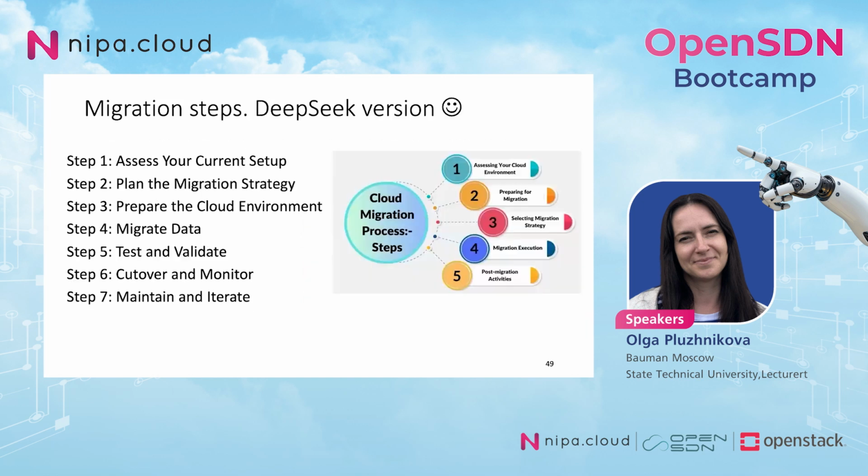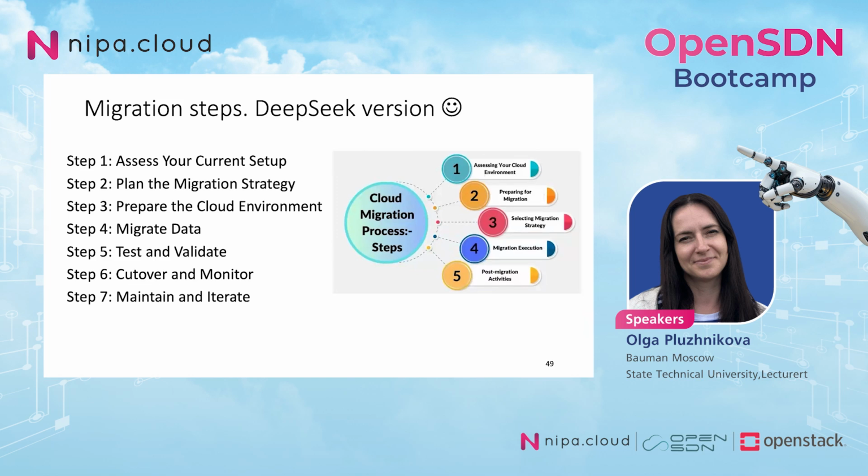Migrating a vector database to the cloud requires careful planning to ensure data integrity, performance, and cost efficiency. And I asked DeepSeek how to migrate a vector database to the cloud. And it told me the next steps. First, assess your current setup.